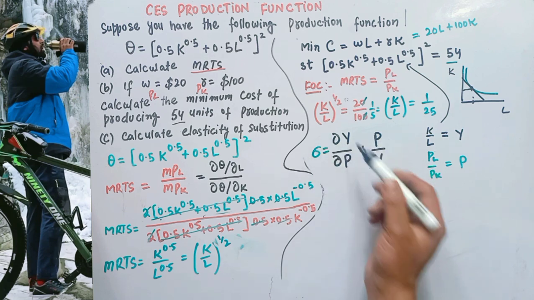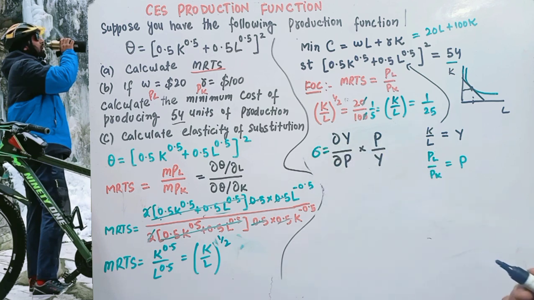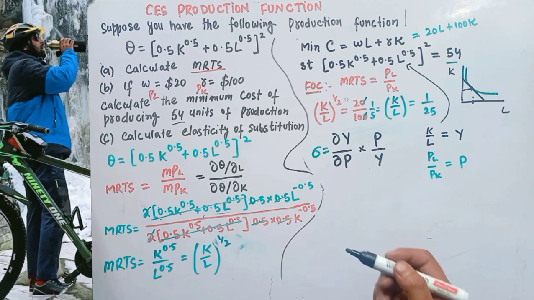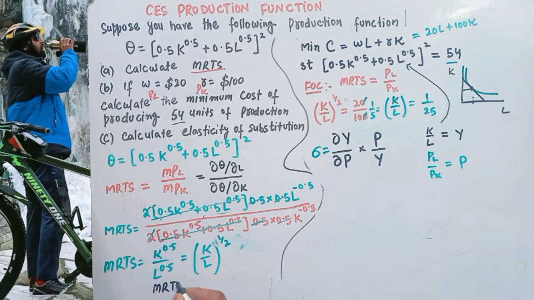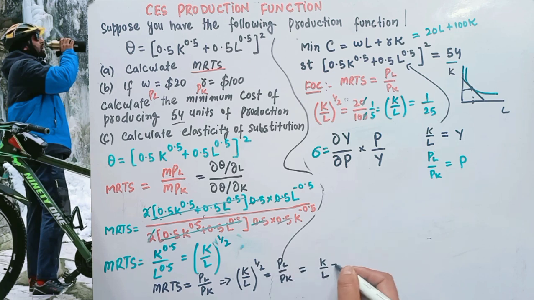To find this, we know that the first order condition requires, and let me write it here, that our MRTS should be equal to the input price ratio, that means price of labor upon price of capital. MRTS came out to be K upon L raised to the power 1 upon 2 should be equal to PL upon PK, which can be written as K upon L is equal to, transposing this, PL upon PK whole square.